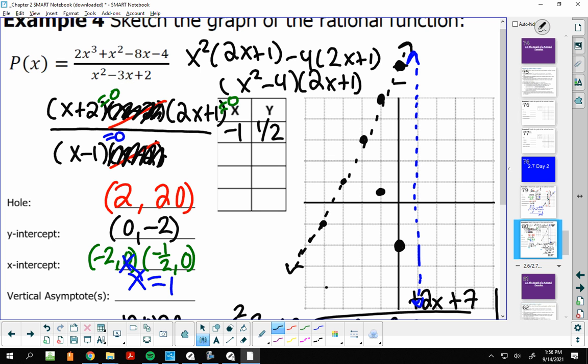And then let's also plug in -2. Likely it's just going to go up and then follow the asymptote, but why not plug in another one? So that's 0 times, it doesn't matter. So it's going to be 0 divided by, it doesn't matter. So it's 0.